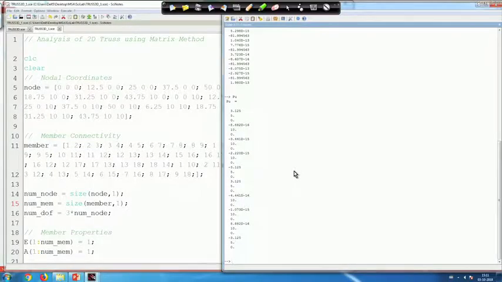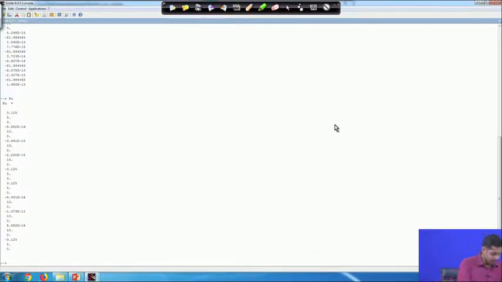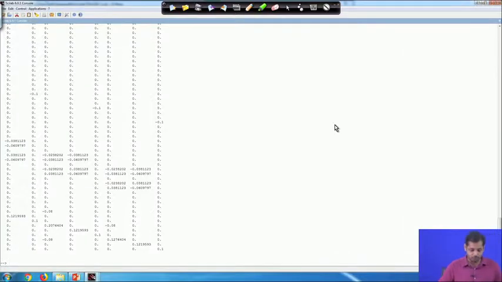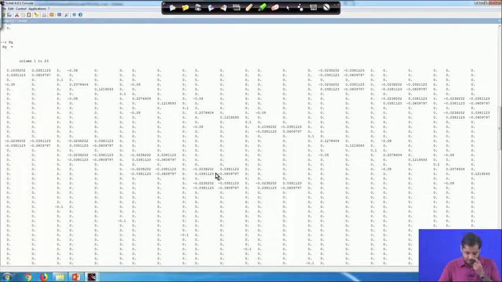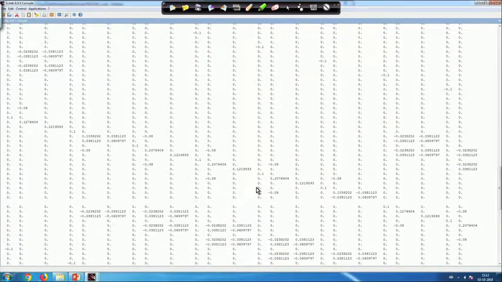Then Kg: if you check the total stiffness matrix, the global stiffness matrix is huge. Now, you see the maximum entity in the global stiffness matrix is 0. This is very important, and we will discuss that towards the end. Some of the values are non-zero.